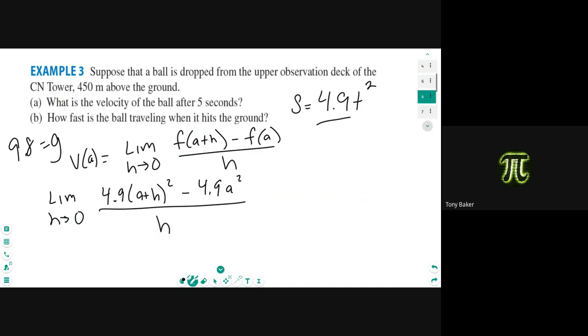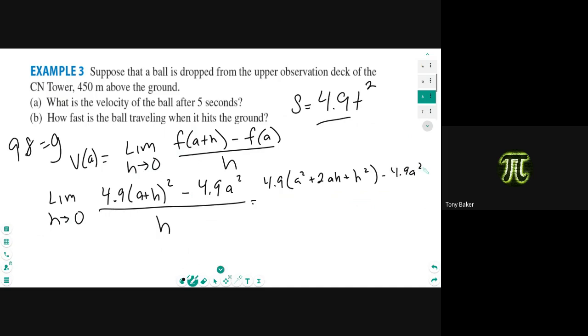Correct? Okay. FOIL out a plus h squared. And it's not a squared plus h squared. Minus 4.9 a squared.